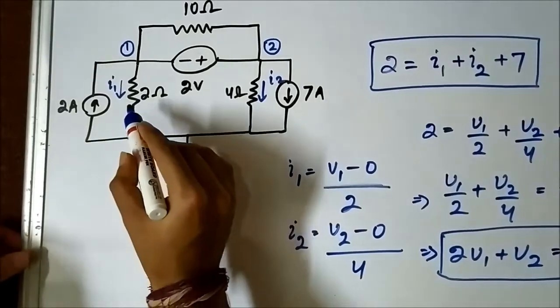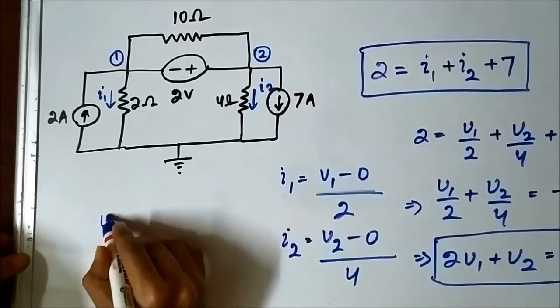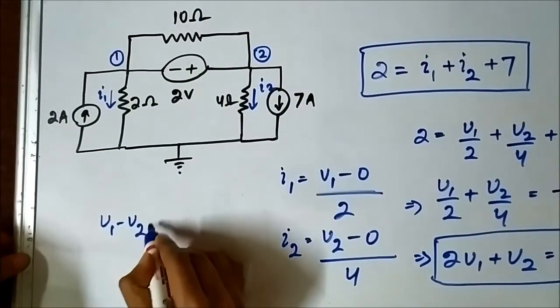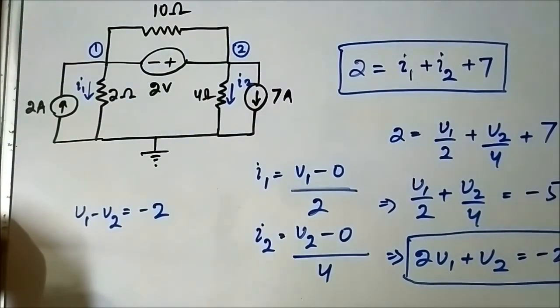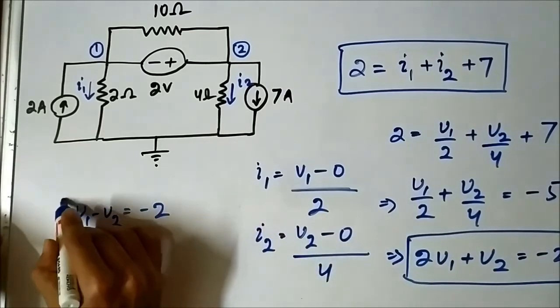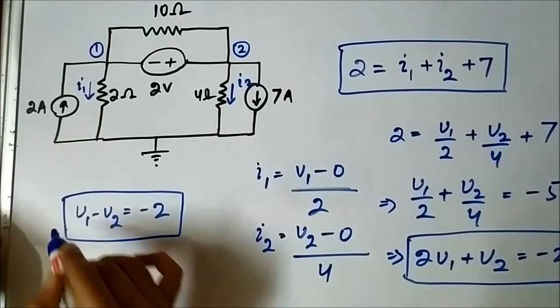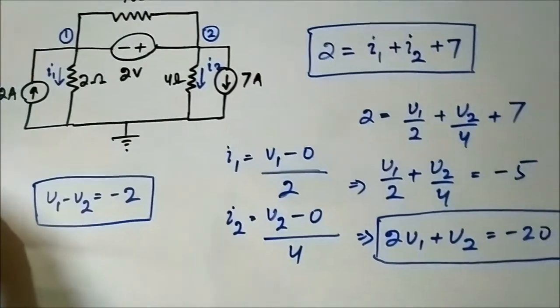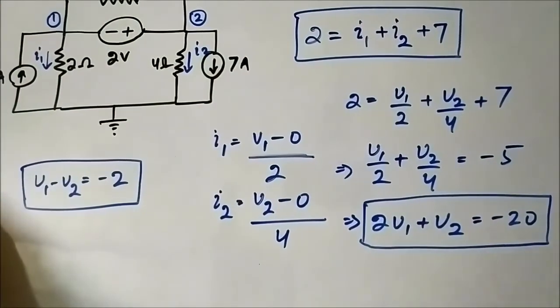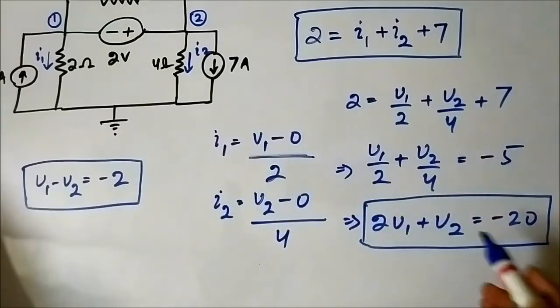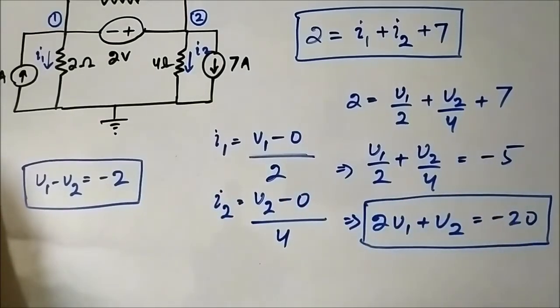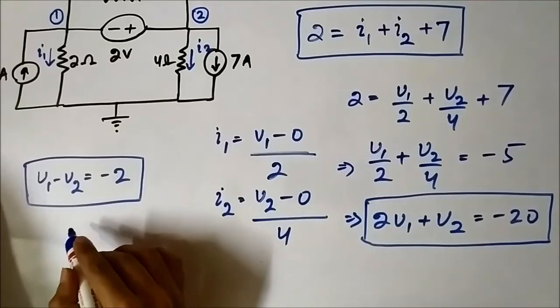The auxiliary equation is V1 minus V2 is equal to minus 2. So this is one equation, and this is one equation. There are two simultaneous equations. Now we can substitute one variable in place of the other in one of the equations and easily calculate. So let us do that.